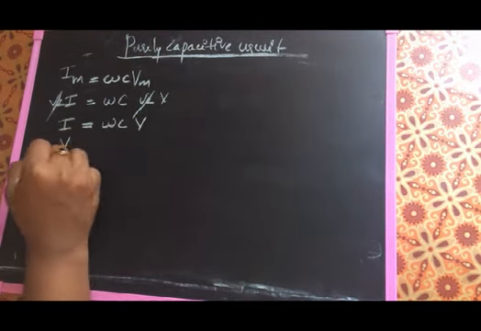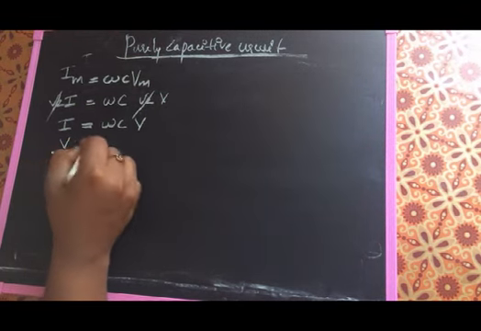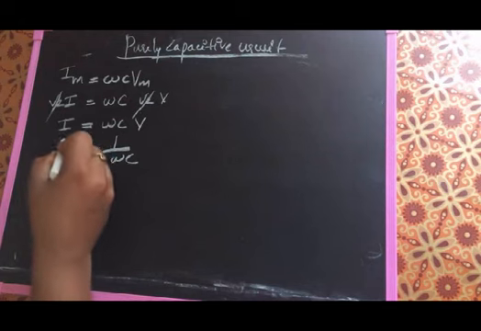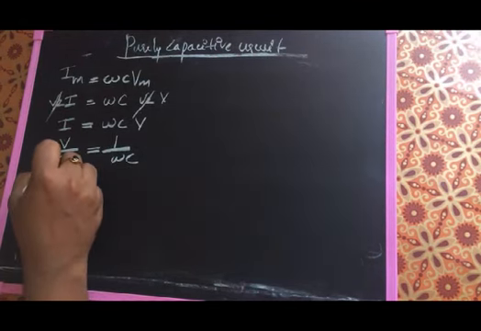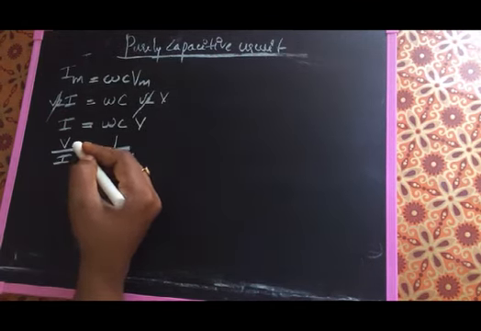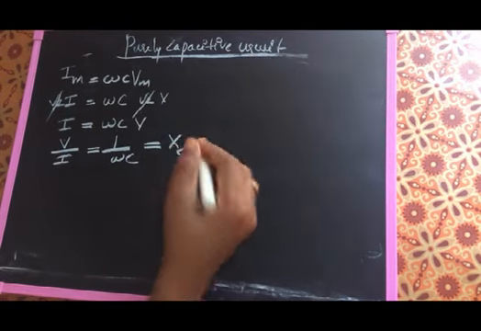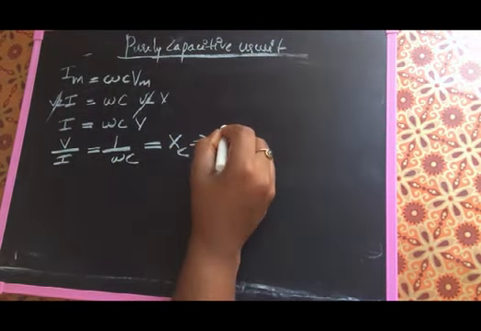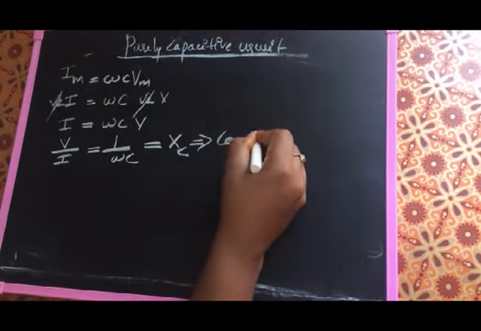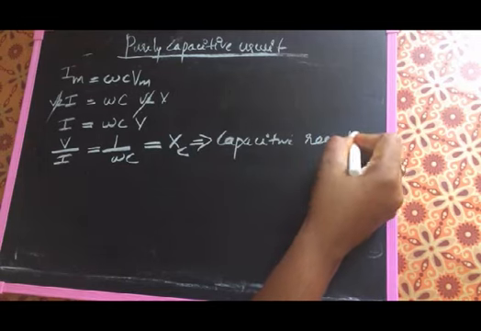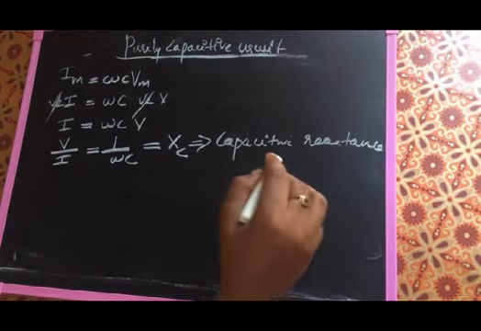So V by I is equal to 1 by omega C, and what is V by I as per Ohm's law? It is similar to resistance. Here it is called XC, the capacitive reactance.